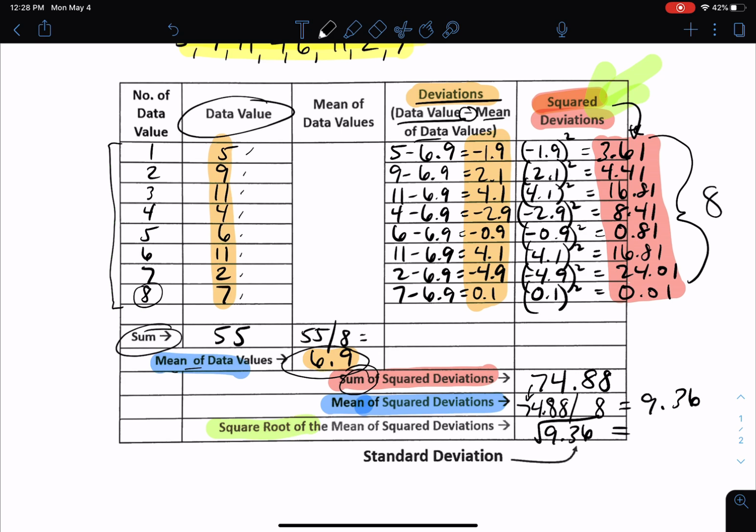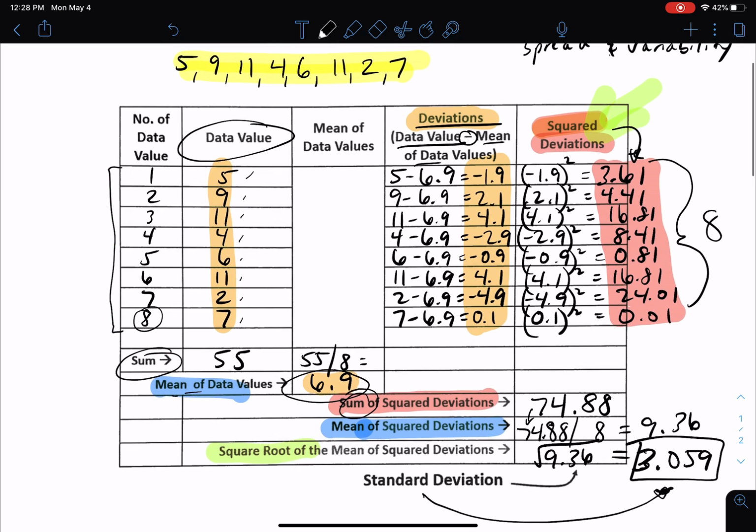So I got to find what number times itself makes 9.36. Well, that's where you use your calculator. So the square root of 9.36 is about 3.059. So a little bit more than 3. And guess what? That is your standard deviation.